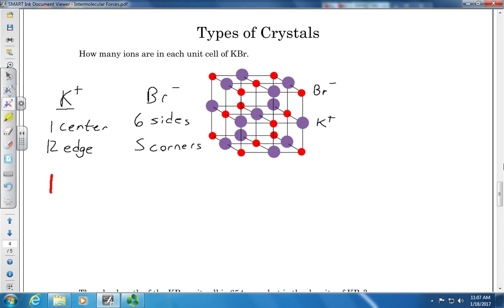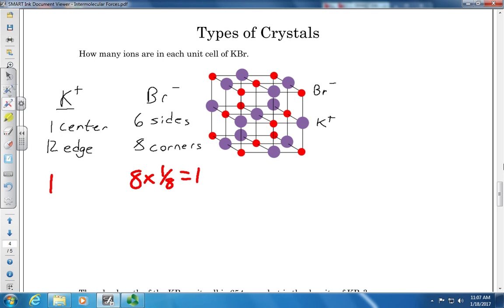And we know from previous work that there are 8 corners total, and each will be occupied by 1/8 of a cell. So there should be 8 times 1/8, which is equal to 1.